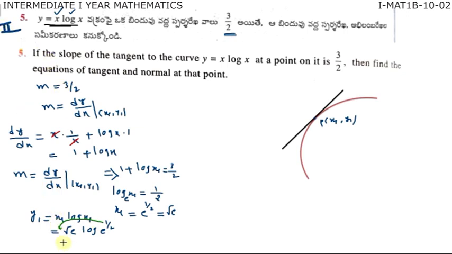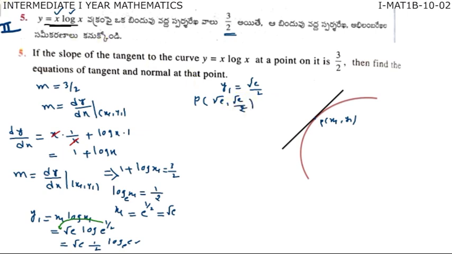So, this becomes root e into 1 by 2 log e base e. Log e base e is 1. Root e into 1 by 2 is equal to root e by 2. So, y1 is root e by 2. Now, the point P's coordinates are x1 equal to root e, y1 equal to root e by 2.